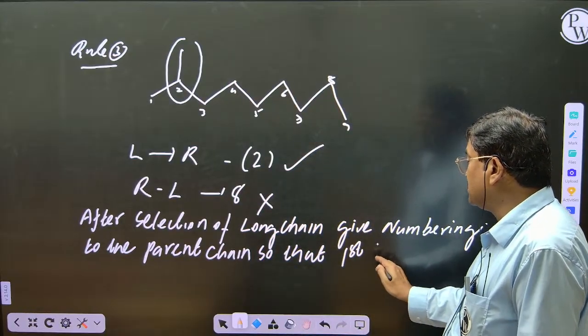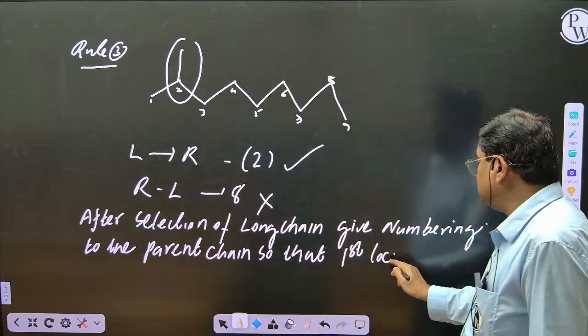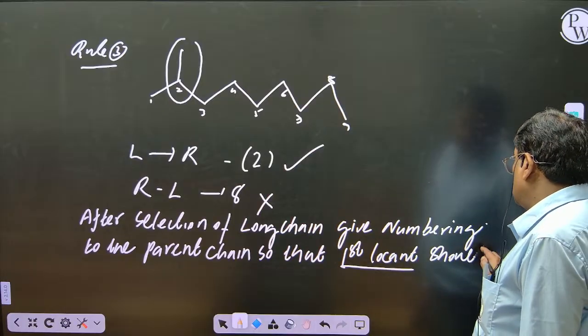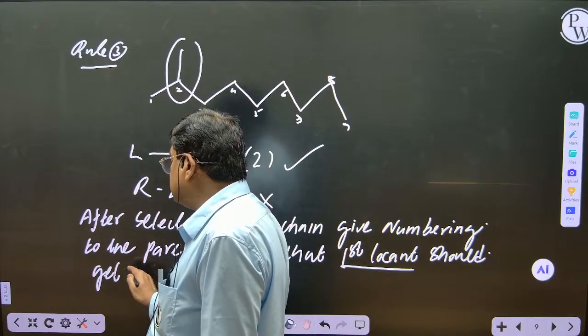What is meant by first locant? The substituent which is attached, so that the first locant should get the least number. Following, students, all of you should get the least number.